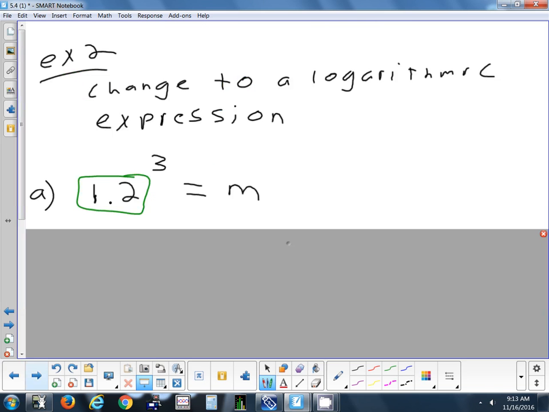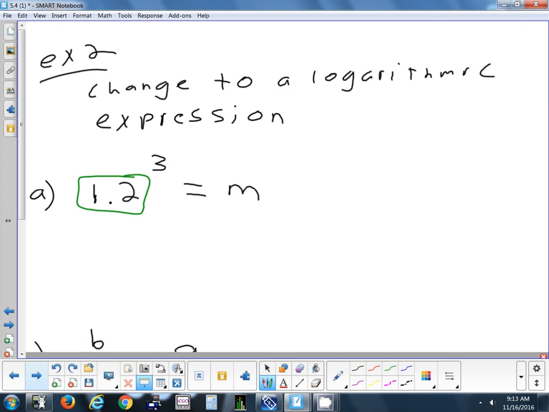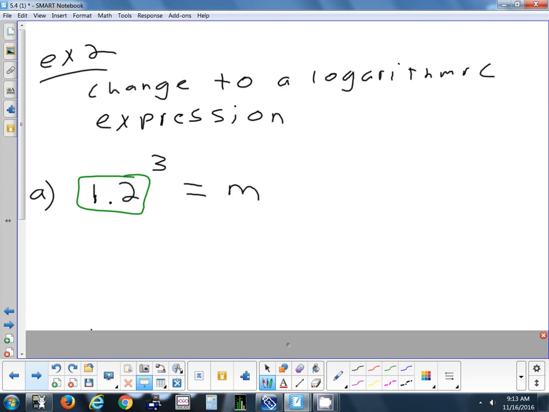All right, and we can also do it the other way. Now we're going to change it to something with the word log. So the first thing you want to write down, if you're converting it to a log, is the word log. Now, what's going to be the base on my log? 1.2, because 1.2 is the base here.